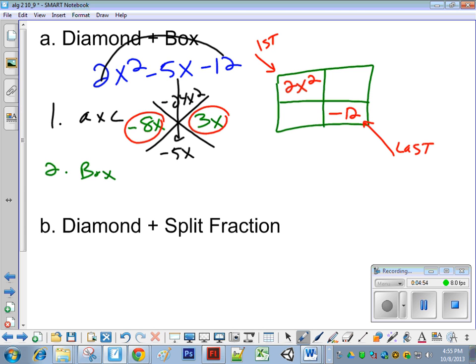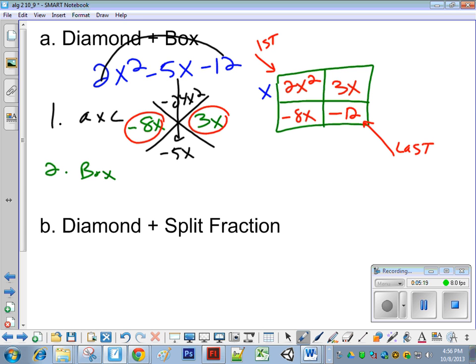They can go in either one of the 2 boxes. I'll put the negative 8x here and the positive 3x here. And it could go in either order. Now I'm going to look for greatest common factor between these. When I have 2x squared and 3x, the only common factor in this case is x.